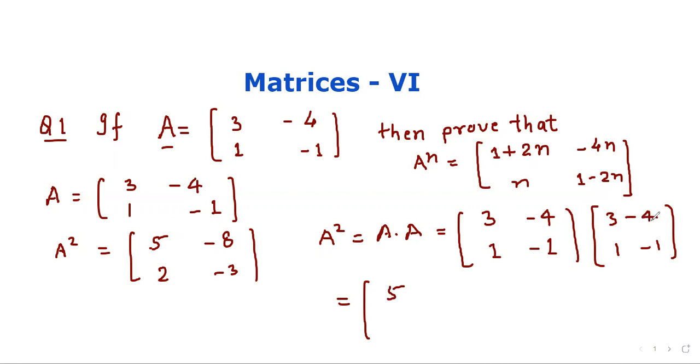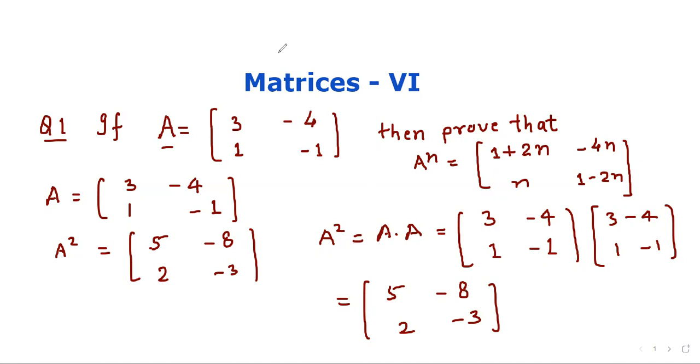Then 3 times minus 4 is minus 12, plus 4, it will be minus 8. Then 1 times 3 minus 1, which is 2. And 1 into minus 4 is minus 4 plus 1, which is minus 3. Clearly, A squared obtained from the formula and A squared obtained by direct multiplication are both the same.